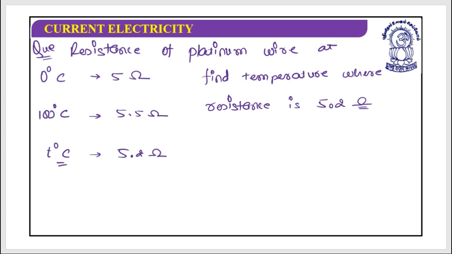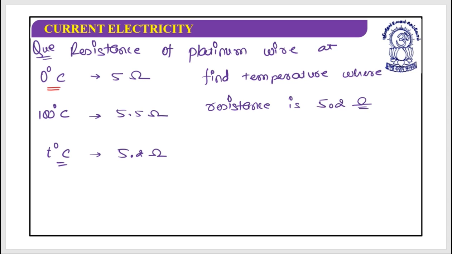So look at this very carefully. Observe this relation. They have provided the different temperatures and the respective resistance at that particular temperature. At 0 degrees Celsius it is 5 ohm, at 100 degrees Celsius it is 5.5, and at T degrees Celsius it is 5.2 ohm.